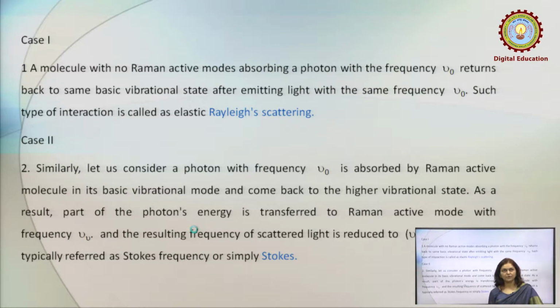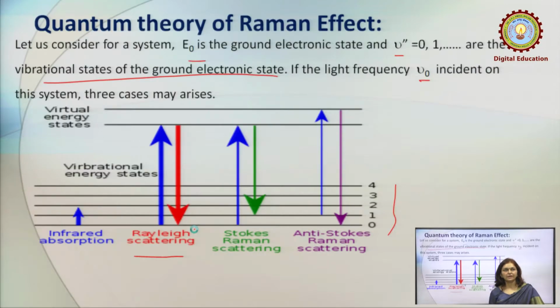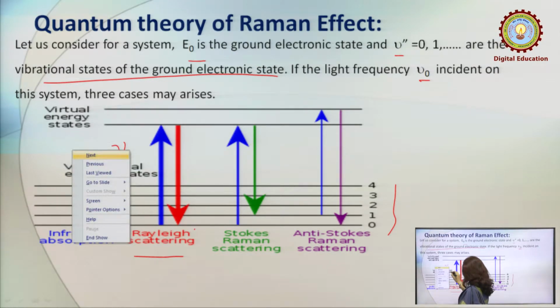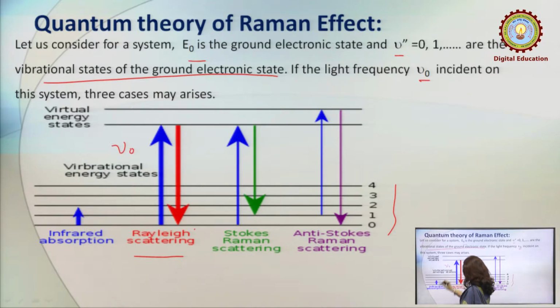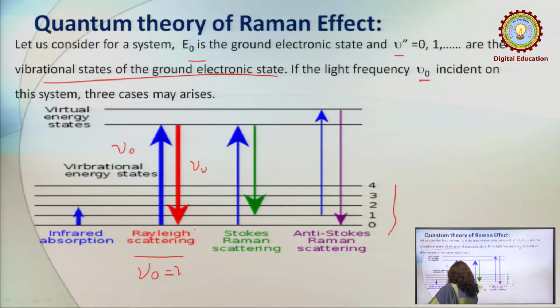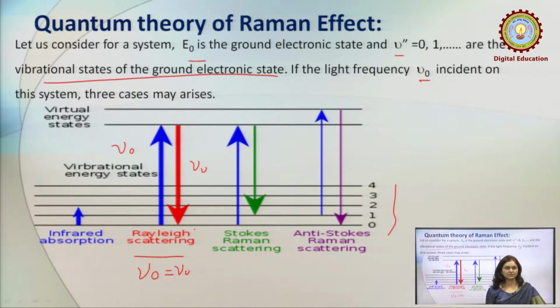Such a type of interaction is called Rayleigh scattering. It means the initial frequency nu naught is equal to the frequency after scattering.